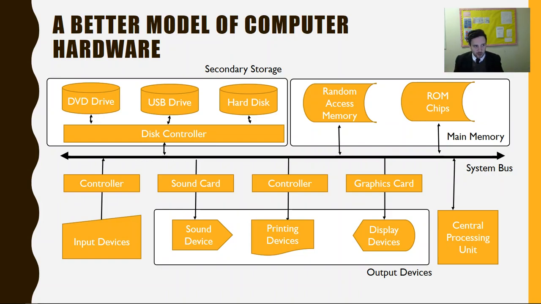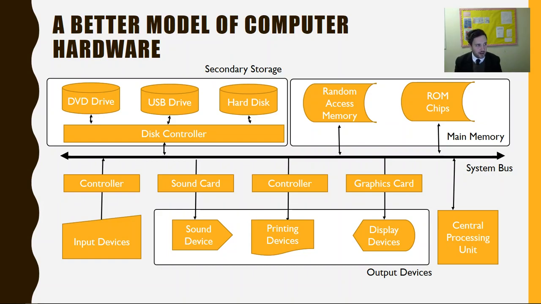The word bus, you shouldn't really think of a vehicle. Think of, I think it might be the Latin or Greek term omnibus, which means for all. So it's a set of wires that are accessed by all devices in some form. Again, you can see that you've got your 5 key groups of devices: your secondary storage, your main memory, your input devices, your output devices, and also your central processing unit.